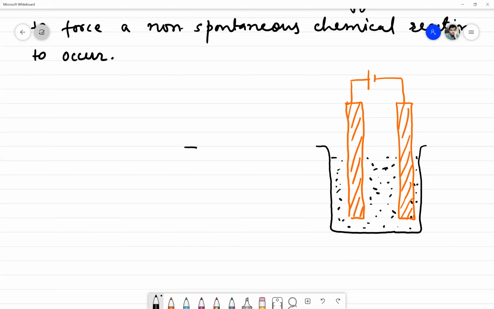Okay, all right, so now let's see the main components of an electrolytic cell.